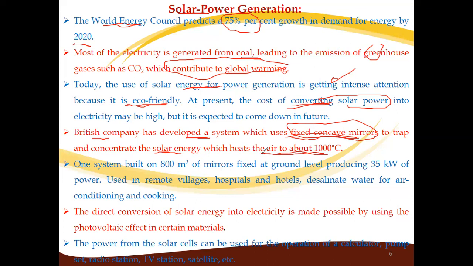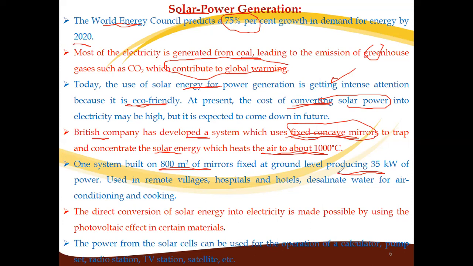This hot air turns devices like a gas turbine, which generates the electricity. One such system is built on a Mediterranean island, in which 800 square meters of mirrors fixed at ground level produce almost 35 kilowatts of power.